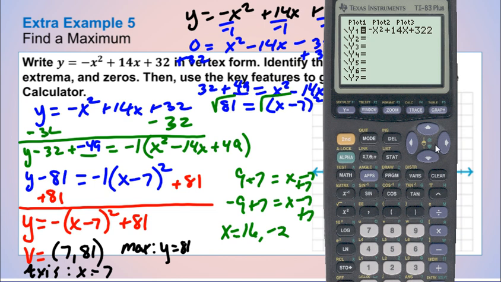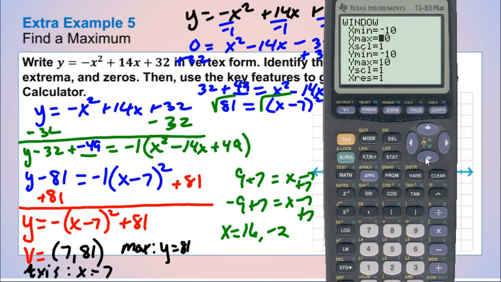I'm also going to put my vertex form in here. So you can see that it's the same. So my vertex form is negative (x minus 7) squared plus 81.